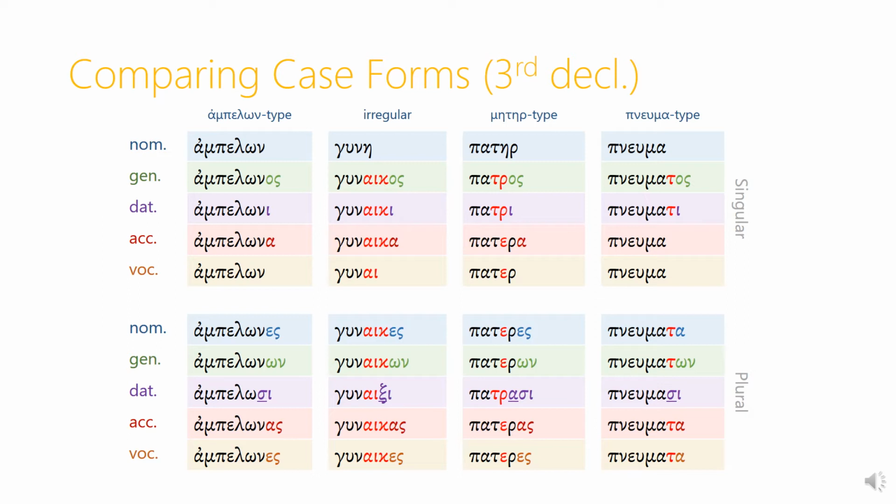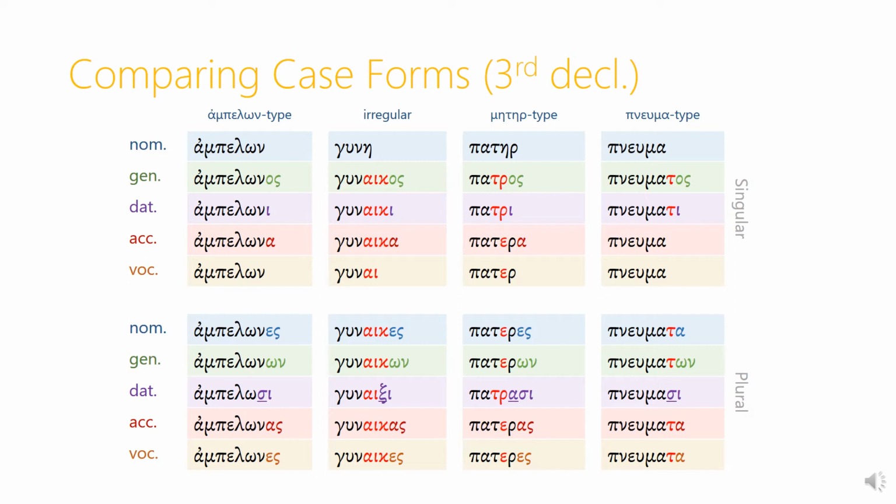With the meter type, which shortens that eta in front of the final rho for its real stem pater, the dative singular is patri. Now notice that just like the genitive singular, in these forms, for pronunciation purposes, the short epsilon has dropped out of the real stem. So it's not pateri, it's patri. In the dative plural, similarly, that epsilon drops out, and we have patrasi.